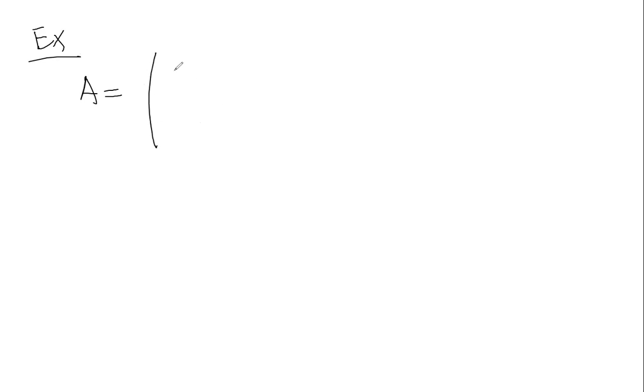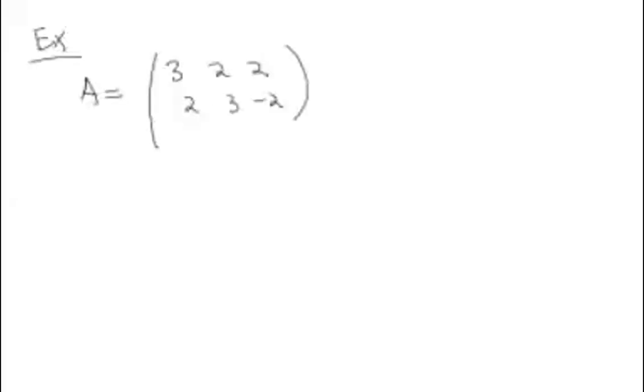Otherwise, I might just put some random numbers in here. Okay, let's do 3. That's exactly the one I was going to do. This seems to be a common one. 2, 3, -2.